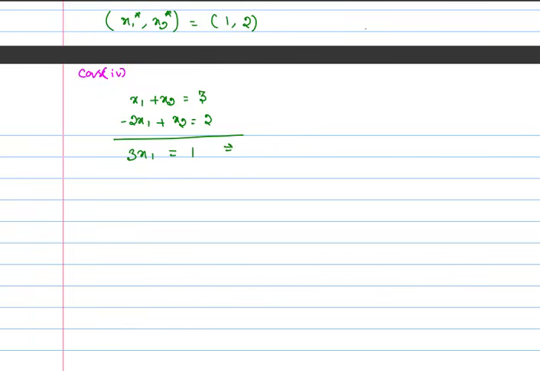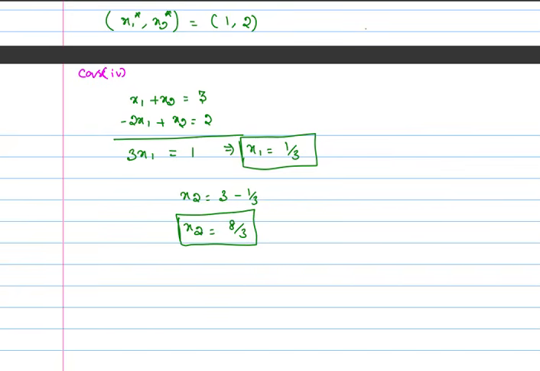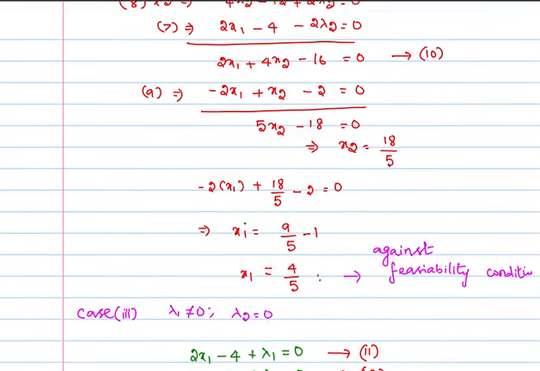So this implies x1 equals 1 divided by 3. If x1 is 1 divided by 3, then x2 equals 3 minus 1 divided by 3. So x2 is 8 divided by 3.